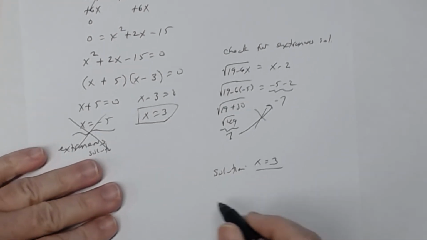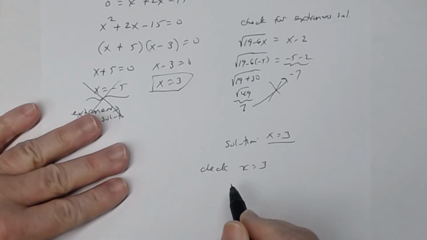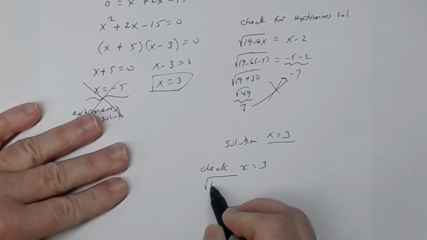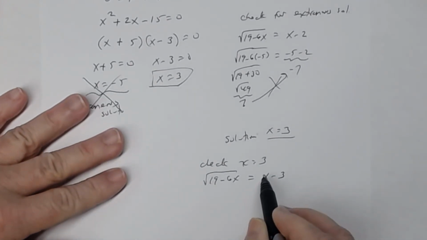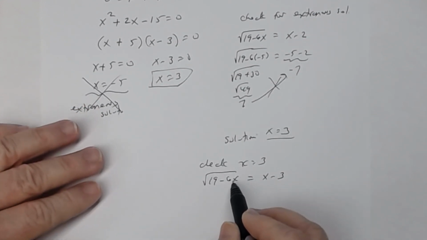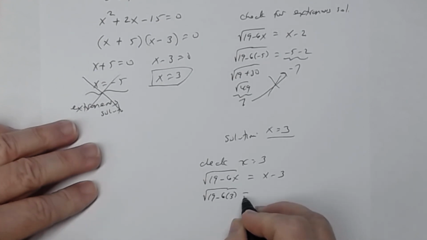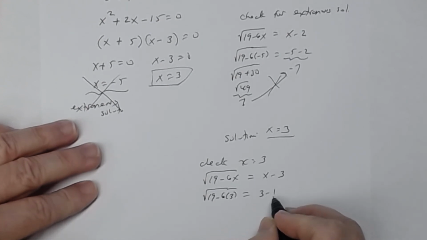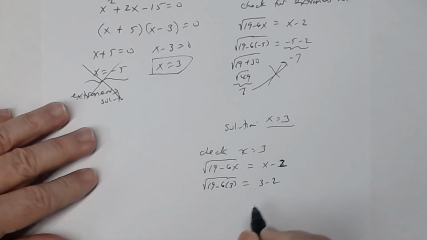Now let's go ahead and check it. I just want to show you that. So let's just check x equal 3 just to show you. So you go back to the original. So the original is square root of 19 minus 6x equal x minus 2. So in place of x, I'm going to substitute the value 3. So I get the square root of 19 minus 6 times 3 equal, and then 3 minus 2.